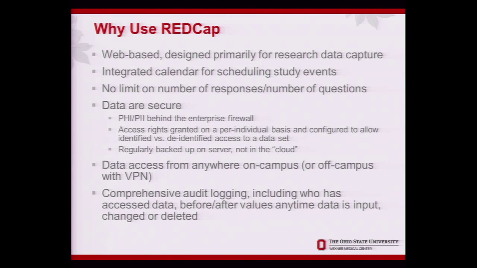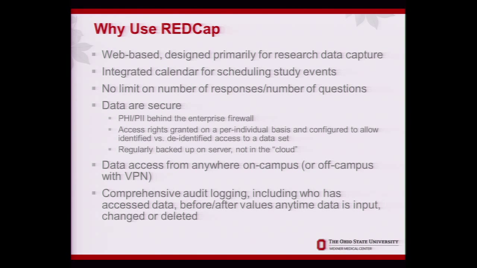We actually have two instances of REDCap. One is the PHI instance, which allows you to collect and store sensitive information, and that is housed behind the medical center firewall in the medical center data center. So it's in the same place that IHIS is stored. So you can imagine that there are many security measures in place to keep that data protected.